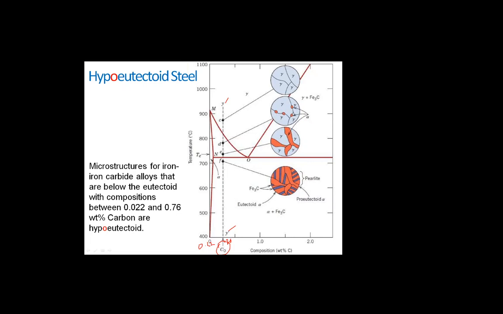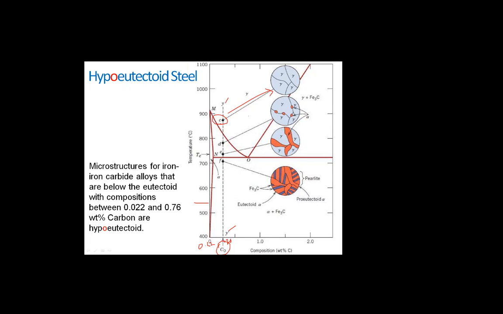At about 875 degrees centigrade, at the point C, the microstructure will consist entirely of grains of the gamma phase, as represented in this figure.